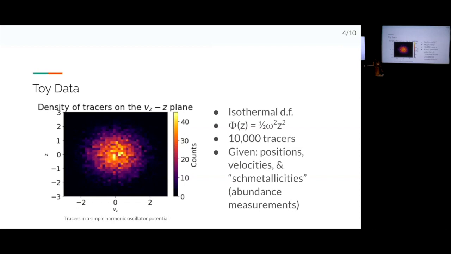We had 10,000 tracers whose positions and velocities were sampled from Gaussians, and since we knew the potential, we could compute actions and angles from them, and we made our metallicities, which are fake metallicities for our toy data, a function solely of those actions. So we built toy dynamical models for toy dynamical systems. We observed them, and then we implemented different methods and compared how they stacked up against each other.